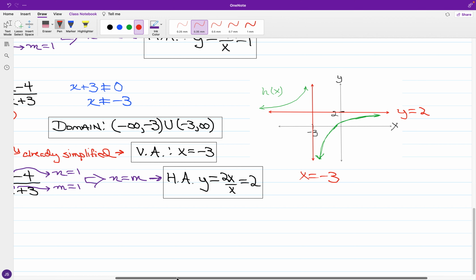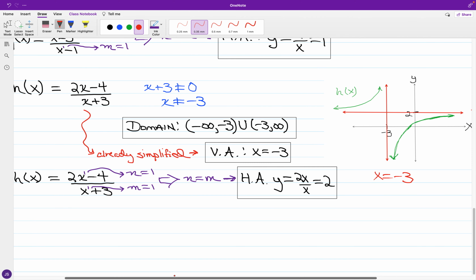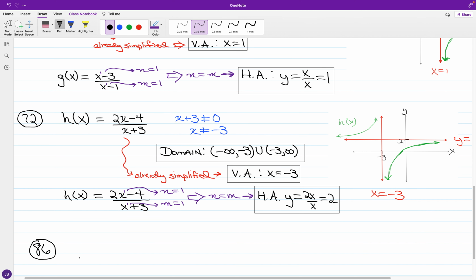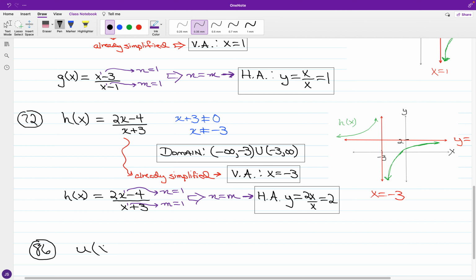All right. So far we've had a mix of vertical and horizontal asymptotes. Now, for the next item, number 86, we have the function u of x, and that is set equal to -3x squared all over x squared plus 1.